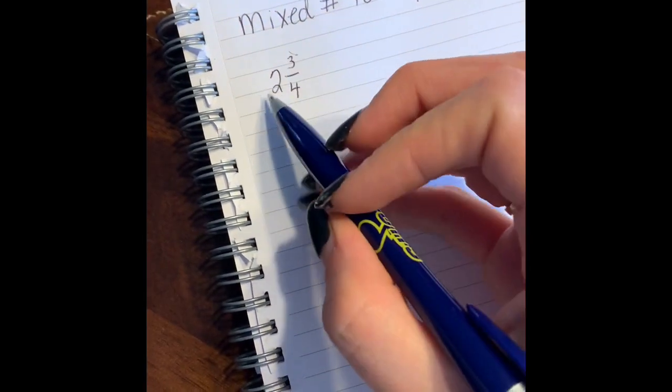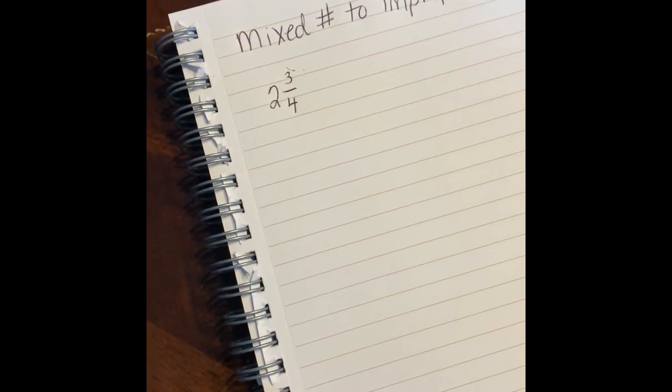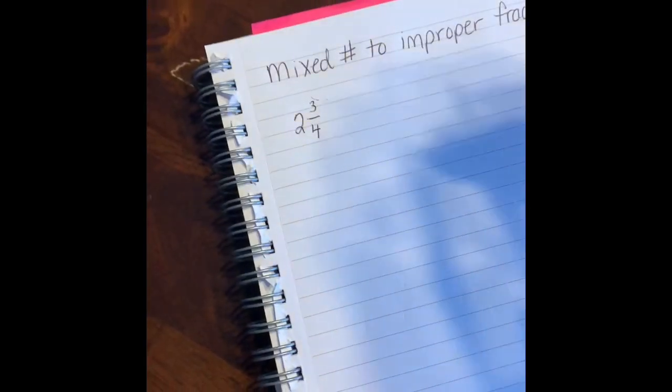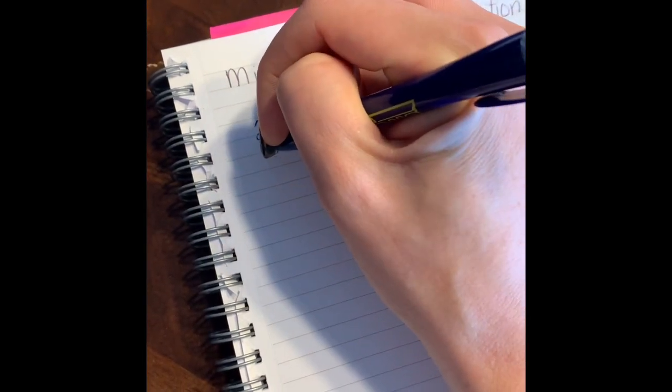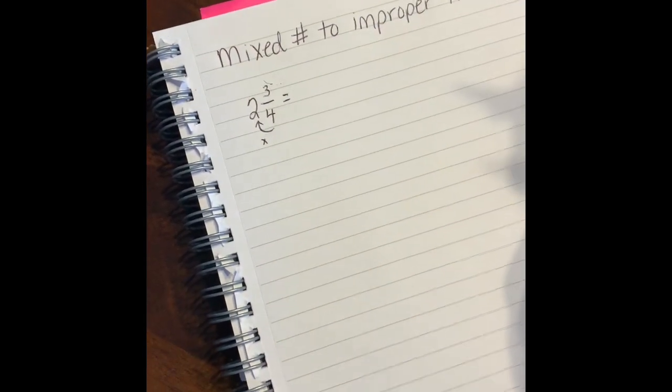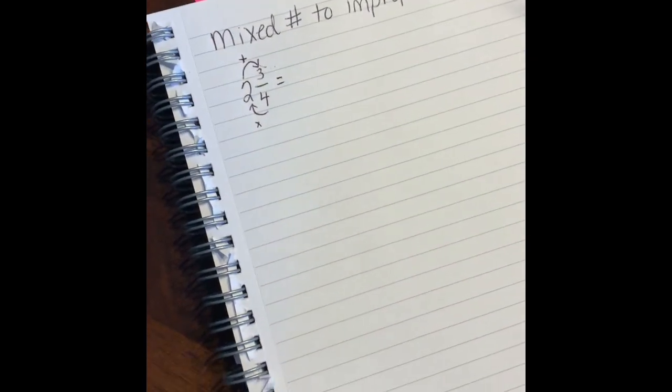So here's an example of a mixed number: 2 3/4. It's a mixed number because it has both whole numbers and a fraction. We want to change this into a fraction that has a numerator that is larger than the denominator. The way that we do this is we take our denominator and multiply it by our whole number, and then we add the numerator.